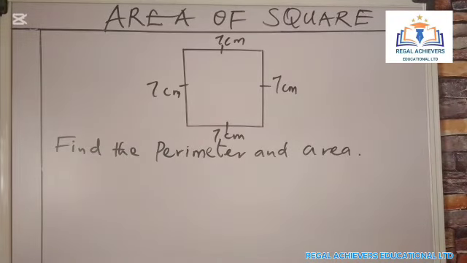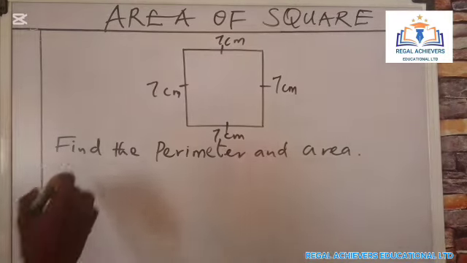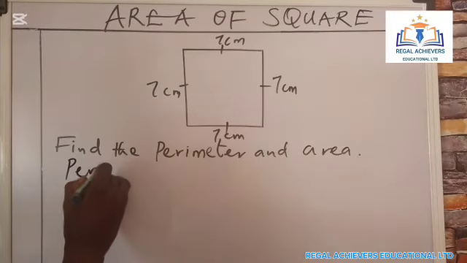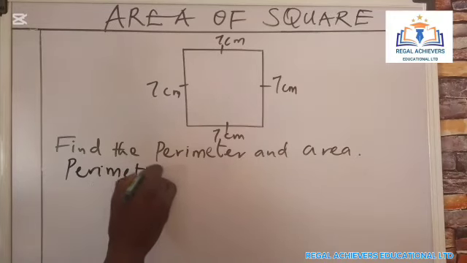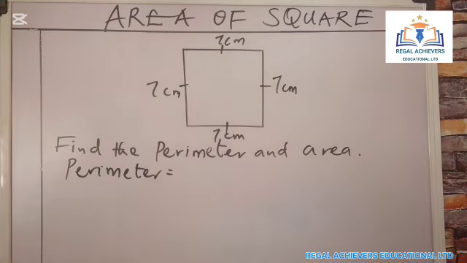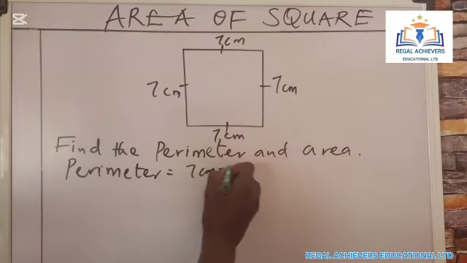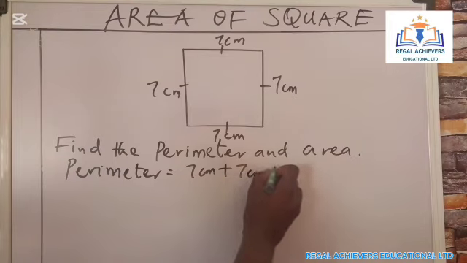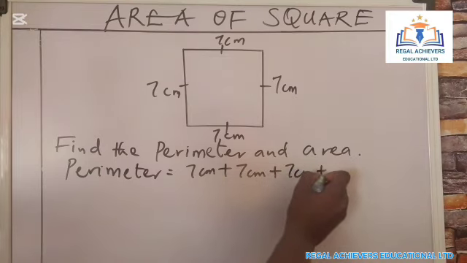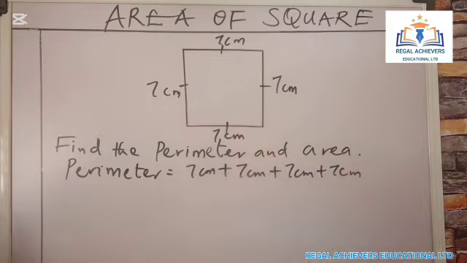Now, how do you calculate the area and the perimeter of the shape? First, perimeter. Perimeter is the addition of all the sides, and in this case we have 4 sides. That means 7 centimeters plus 7 centimeters plus 7 centimeters plus 7 centimeters.